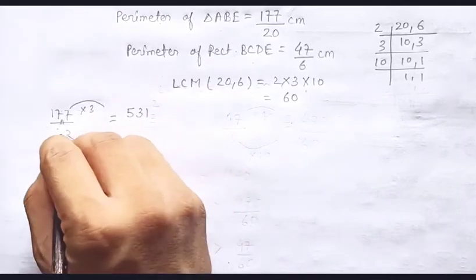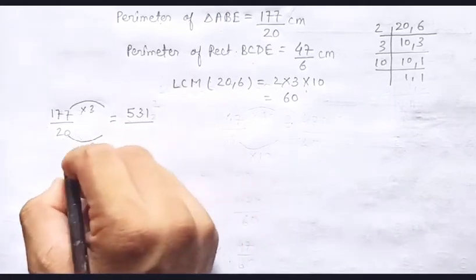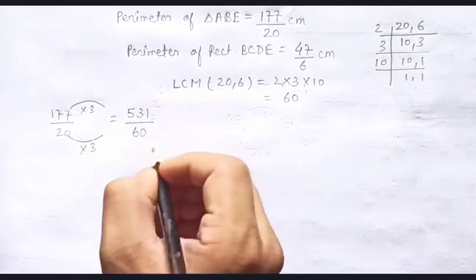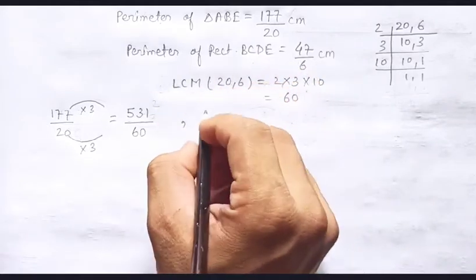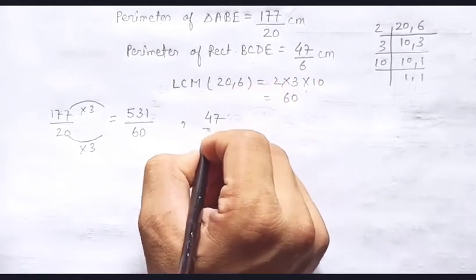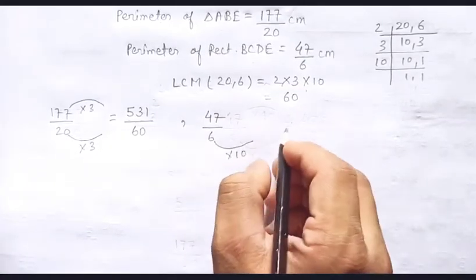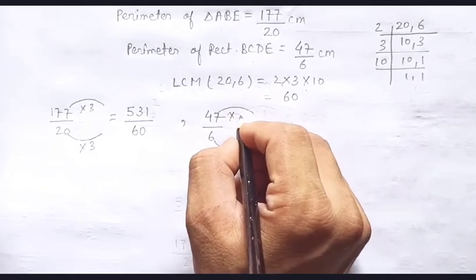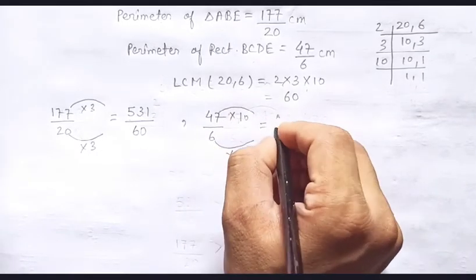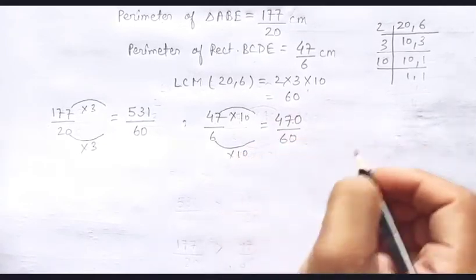531, that is 177 into 3, we have 531 divided by 20 into 3, 60. And second is the perimeter of rectangle BCDE, that is 47 divided by 6. Now you know, when 6 is multiplied by 10, then it gives 60. So we also multiply the numerator 47 by the same number 10. So we have 470 divided by 60.